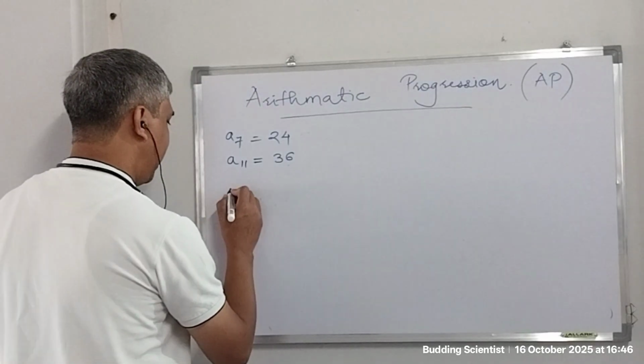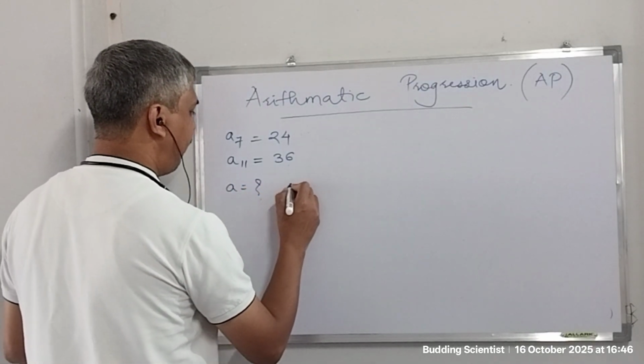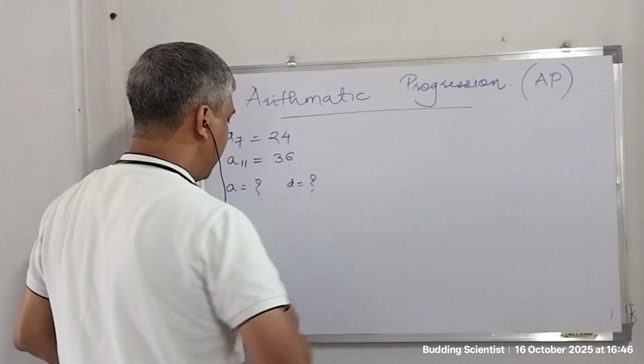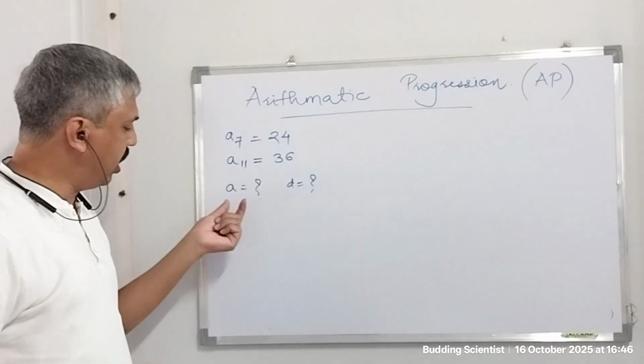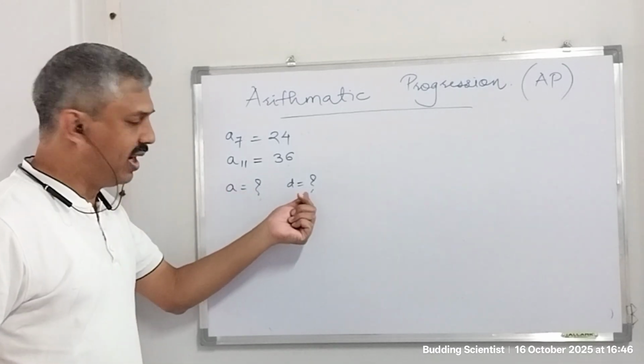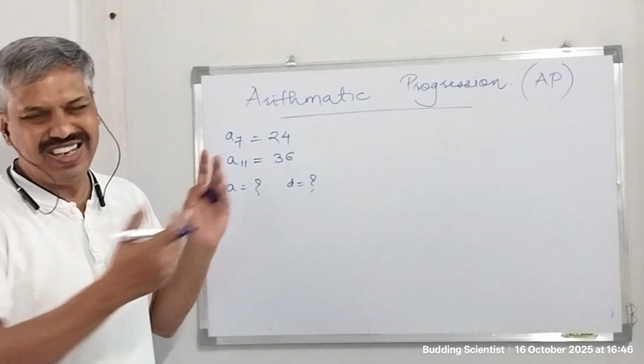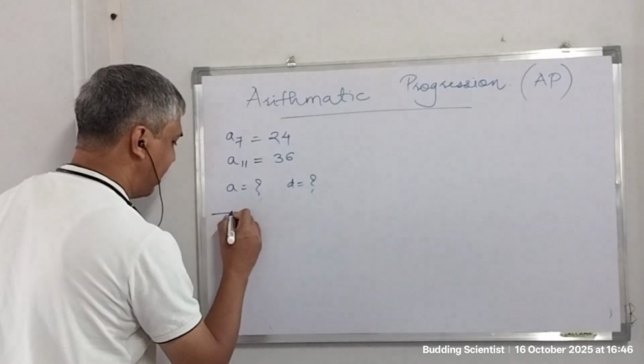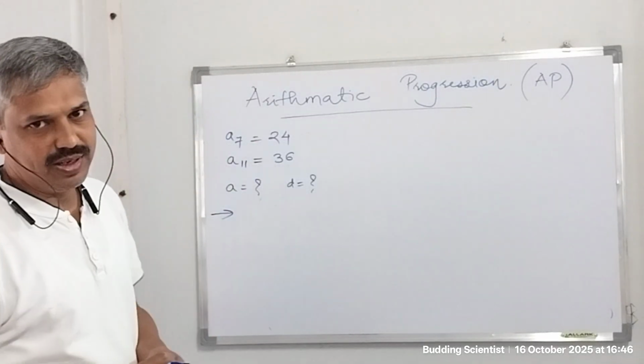Find the value of A and find the value of D. Even if D is not asked, if you only want to find out the value of A, the only way to calculate A is by finding D as well. Or let's just see, let's not speculate about it. Why discuss? Let's just solve it.